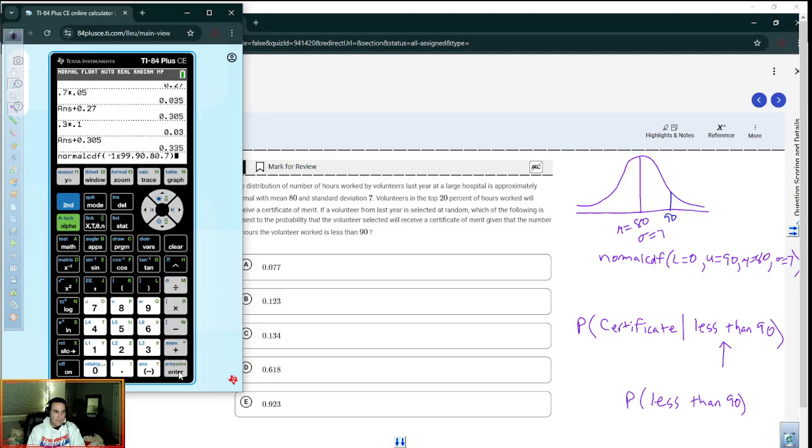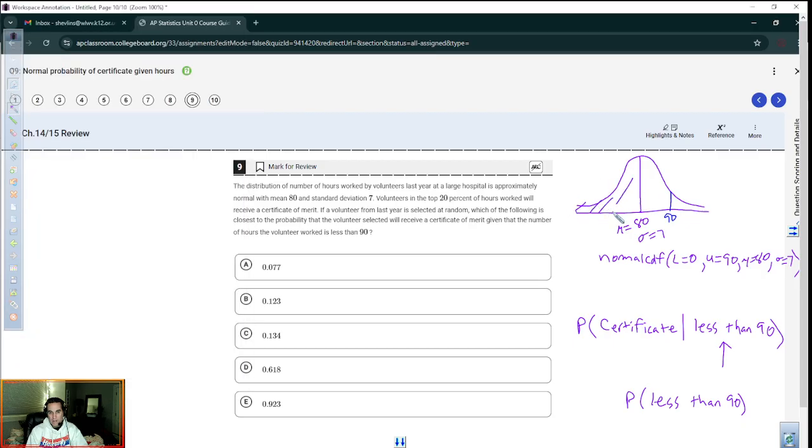And that will give you 0.9234. So the area less than 90, this whole part right here, is 0.9234. Okay, so you know that. That's the area less than 90. That's going to be the bottom number.